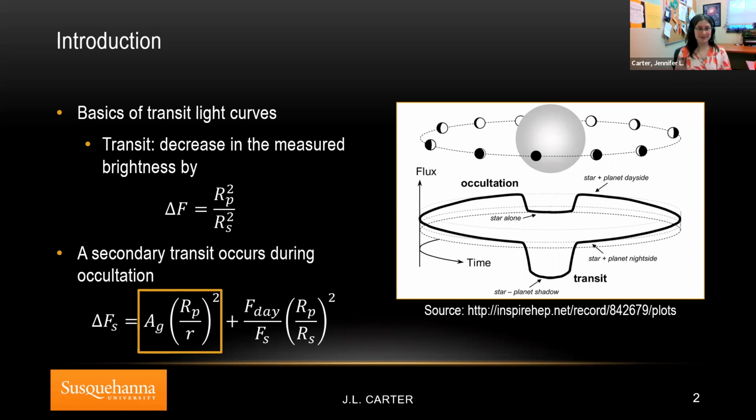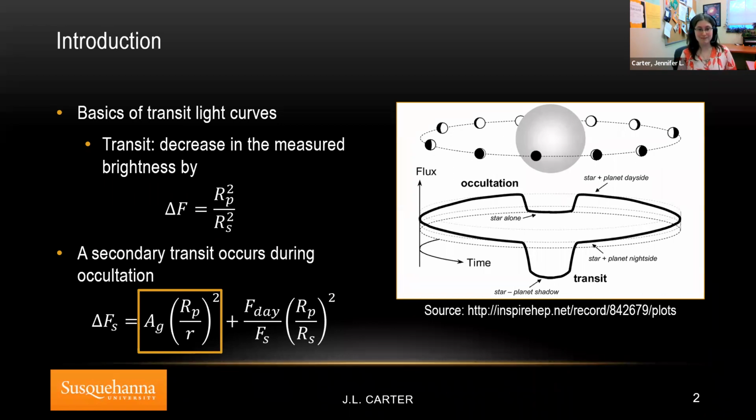Larger planets receiving the same amount of light and of equal shininess will reflect more light. And it also depends on little r, the star-planet separation. That is because the amount of light received by the exoplanet decreases with star-planet separation. We have to take that into account. Less light received, less light reflected. This is going to be an ongoing theme in this talk.